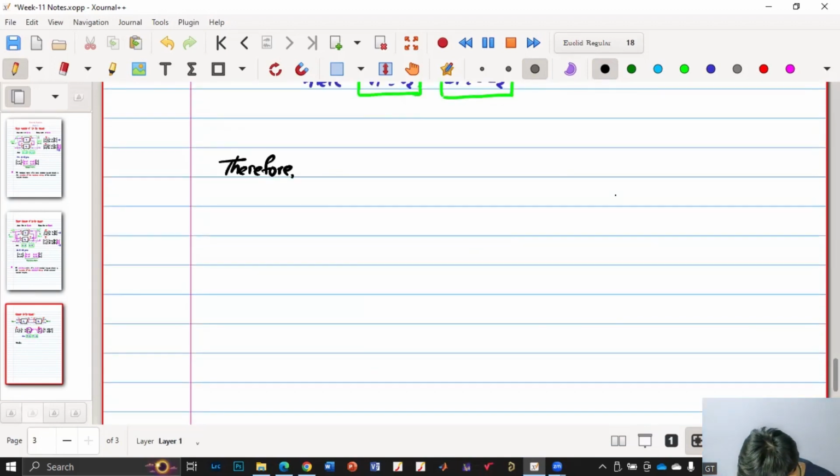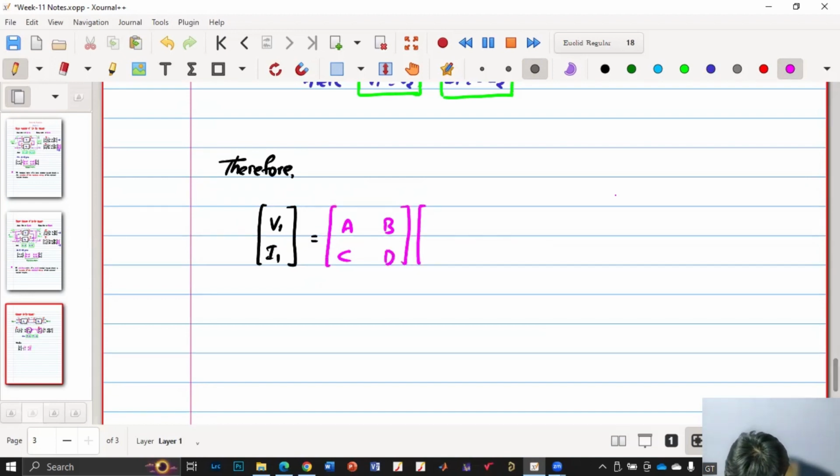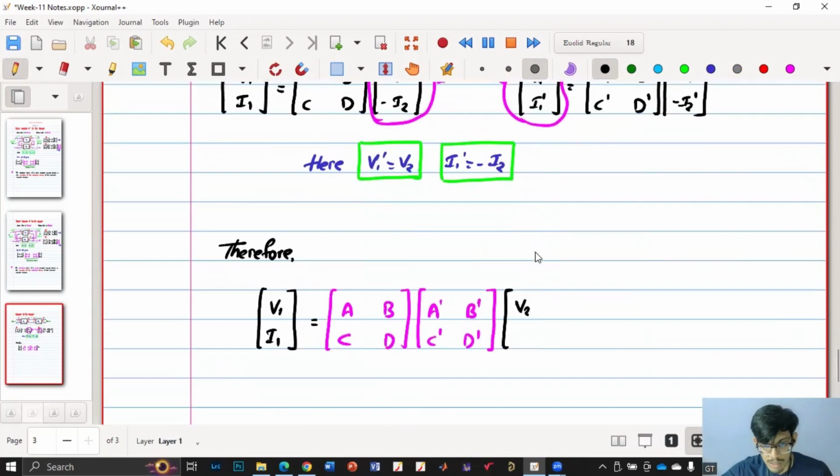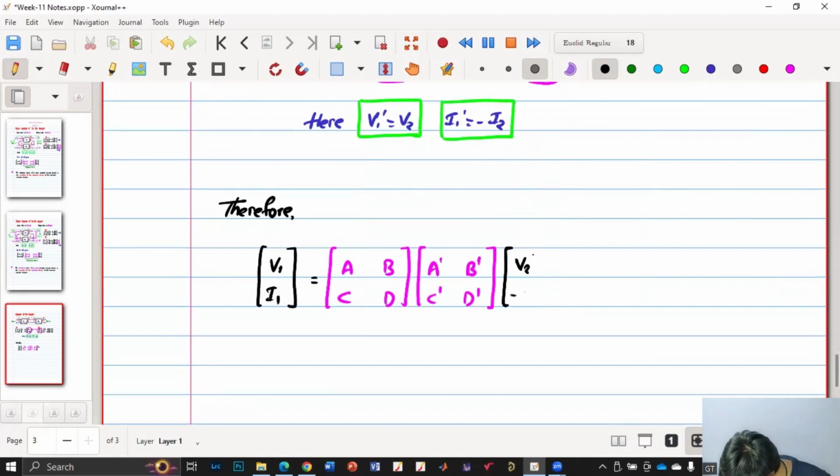Therefore, we will get V1, I1 equal to A, B, C, D into A dash, B dash, C dash D dash into the output parameters which are V2 and, there is another slight mistake here. This should be minus I2 dash according to our convention. So this is minus I2 dash. So we'll write down V2 and minus I2 dash.